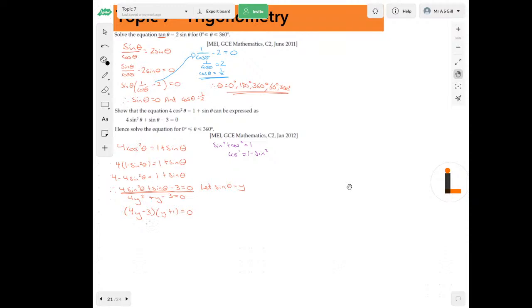So therefore y is equal to minus 1 and y is equal to positive 3/4. And like we said, if sine theta is equal to y, then we can say, well, therefore sine theta equals minus 1 and sine theta equals 3/4. And then we go through and solve and get our values as normal.